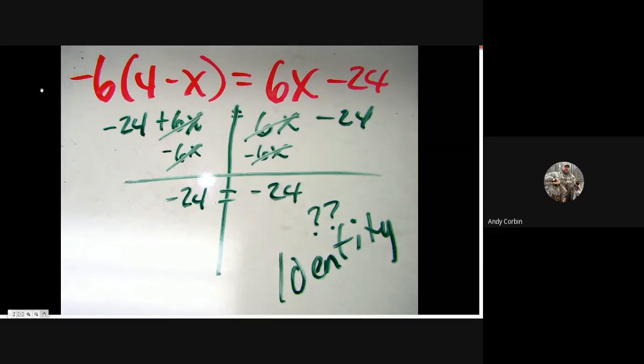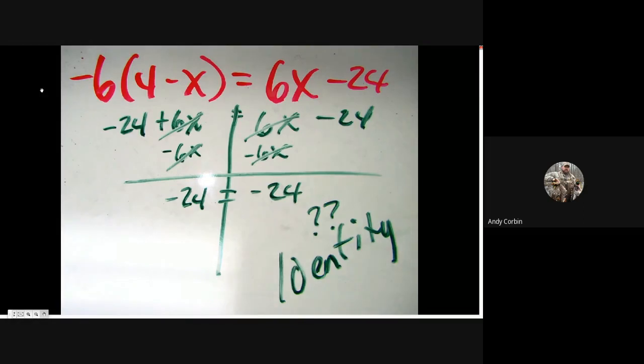You're going to get something that's always true, like negative 24 equals negative 24, or something that's never true, like 0 equals 5 or negative 2 equals 10. When the variables cancel out, you've got 2 different options: one always true, and one never true.